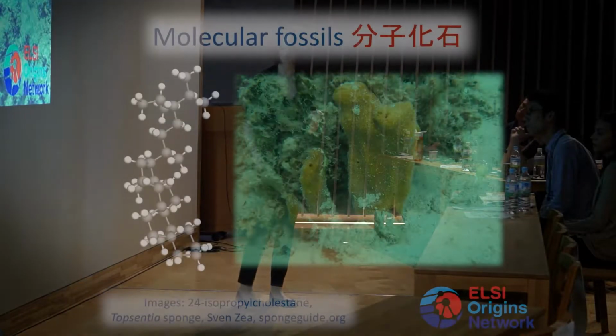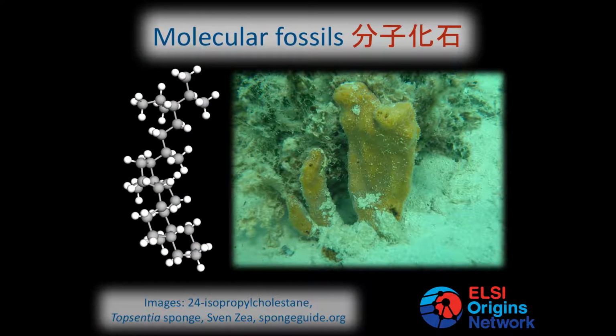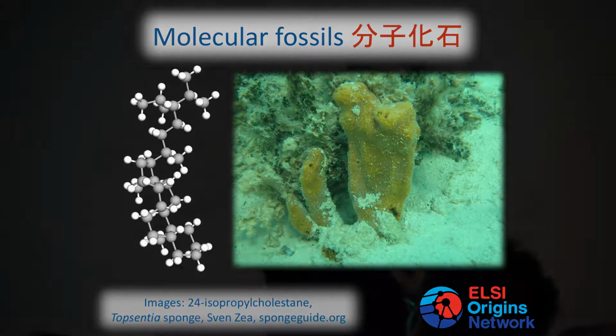As well as fossils of animal and plant bodies, ancient rocks can also preserve molecular fossils. These are also known as biomarkers. These are molecules which are known to be produced by living groups, such as animals like sponges.